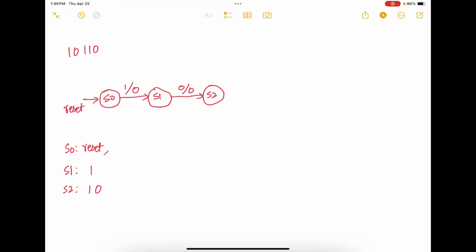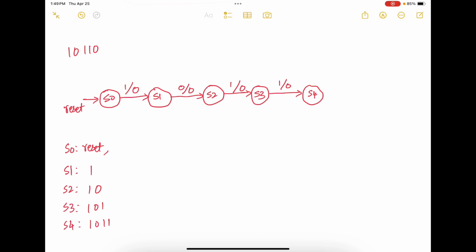From S2, if you get the input 1, you move to state S3 with your output still a 0. So S3 is 1, 0, 1. From S3, if you get a 1, you move to S4 with your output still a 0. So S4 is 1, 0, 1, 1.